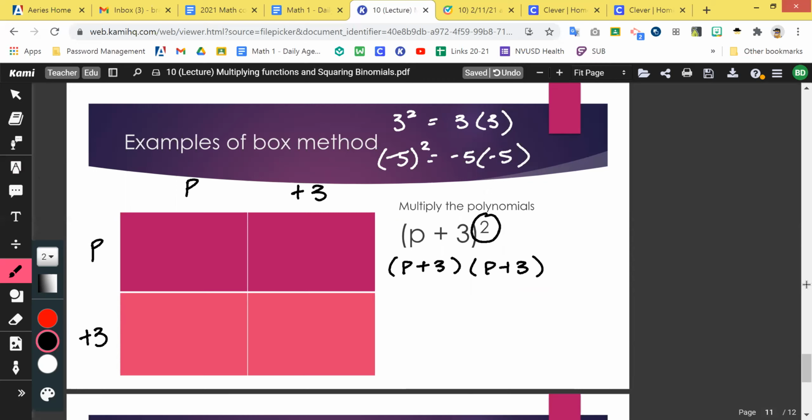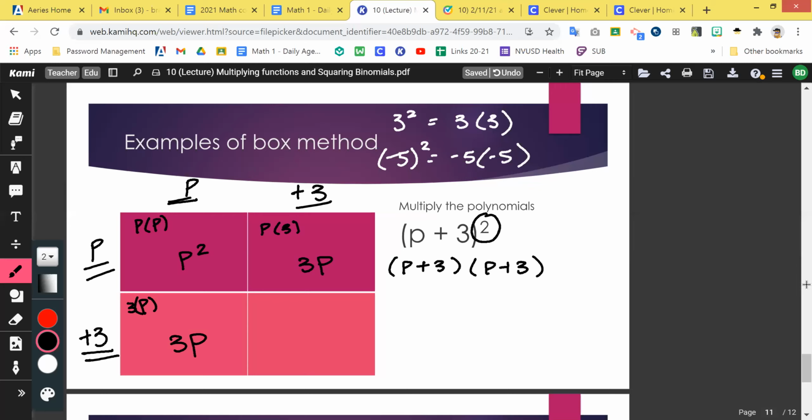So we have top left, p times p, that's p squared. Then you have top right, p times positive 3, that's 3p. Okay, same patterns here. We have a p squared and then 1p. Now we have bottom left, so that's 3 times p. That gives us 3p.